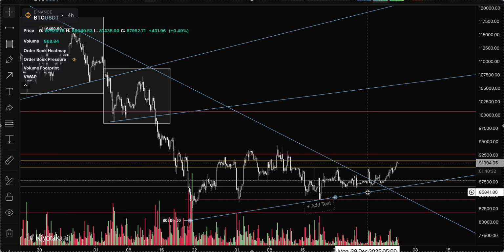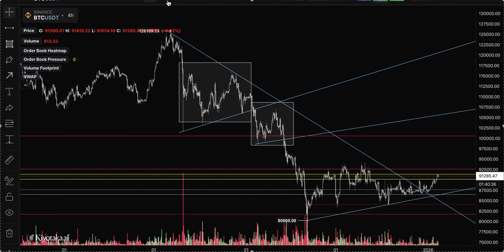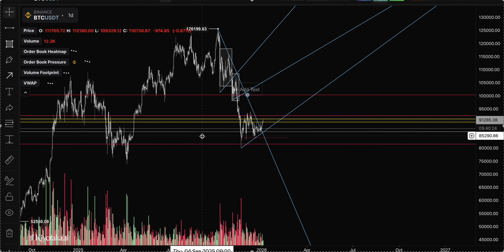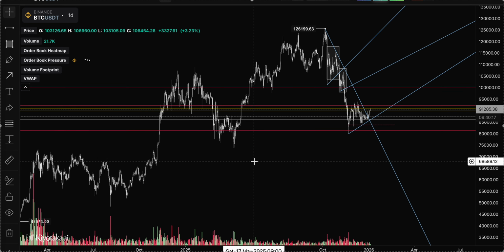Is the 4-year cycle dead? Who knows? That's something I'm not able to answer, but so far we did the top and then we're nuking, so I don't see it as that.